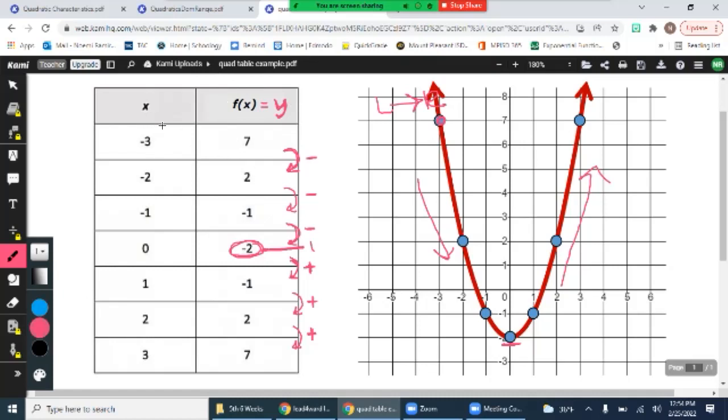Low point. Wake up. Minimum. Low. Are we okay? Can I get at least some head nods from the crowd? You didn't get it?